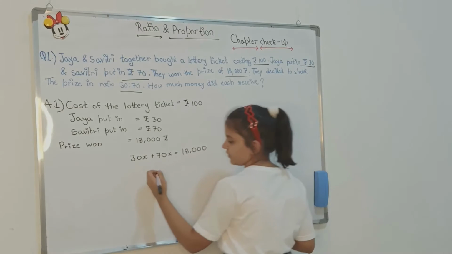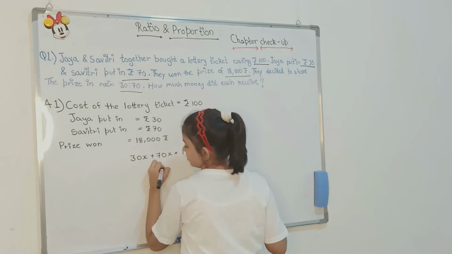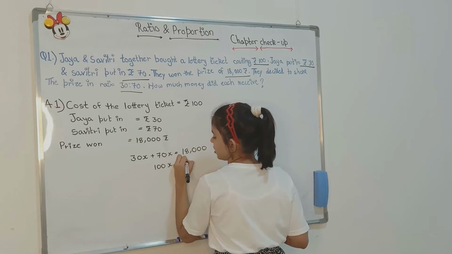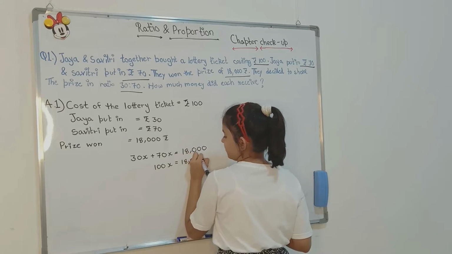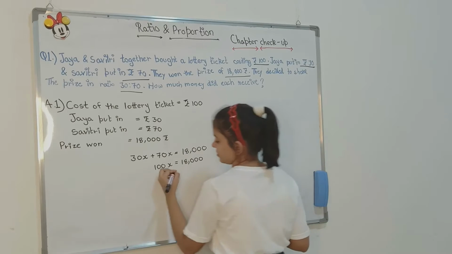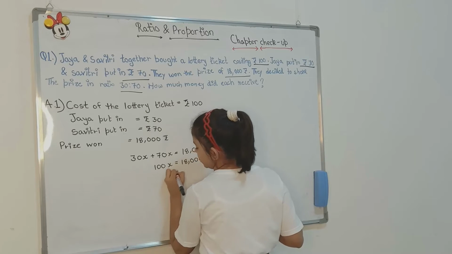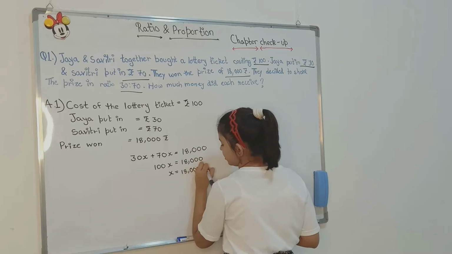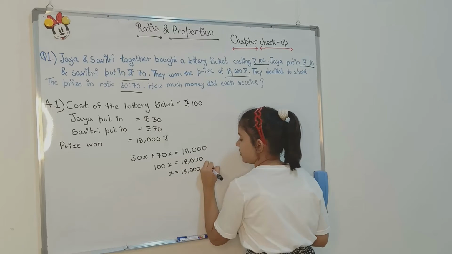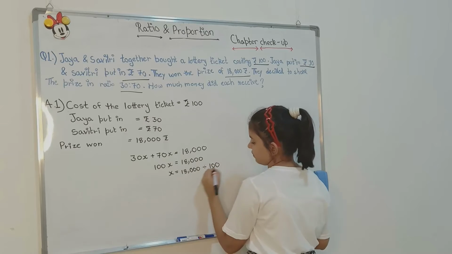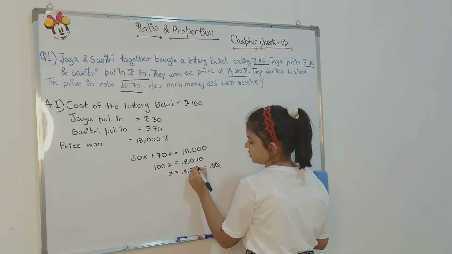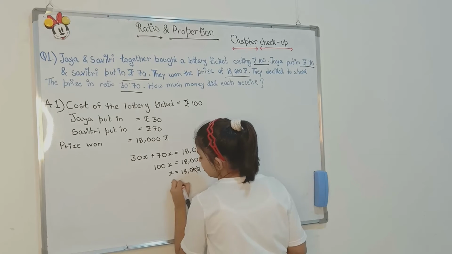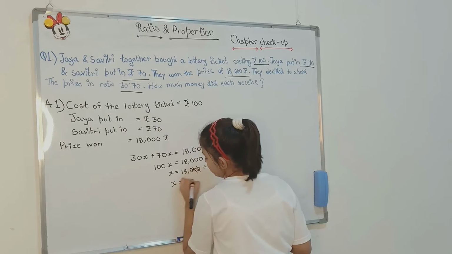Once we add them, we get 100x, so 100x is equal to 18,000 rupees. Now we need to divide, so x is equal to 18,000 rupees divided by 100. Two zeros cut, here also two zeros cut, so we get 180. x is equal to 180 rupees.